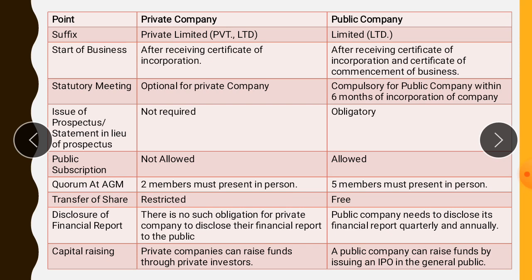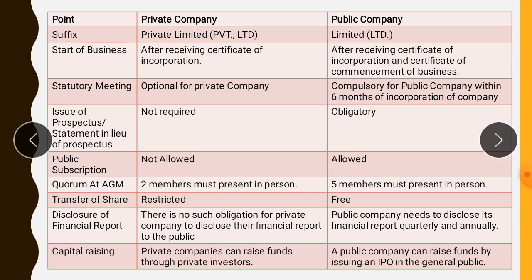In short, PVT Ltd will be written. For example, ABC Private Limited. And public company, there will be limited only. For example, XYZ Limited. So if it is a private company, the word must be there, private limited, and if it is a public company, there must be a limited word after the name of a company.